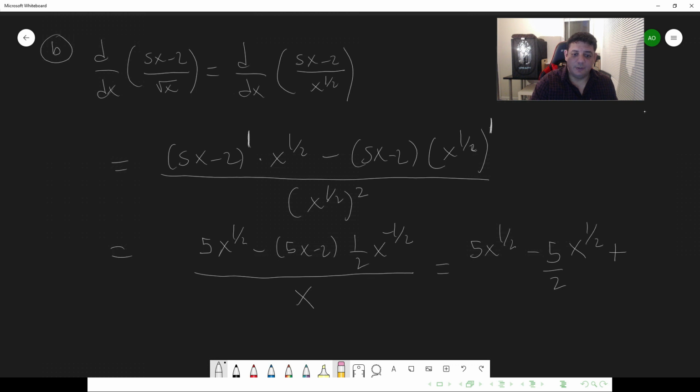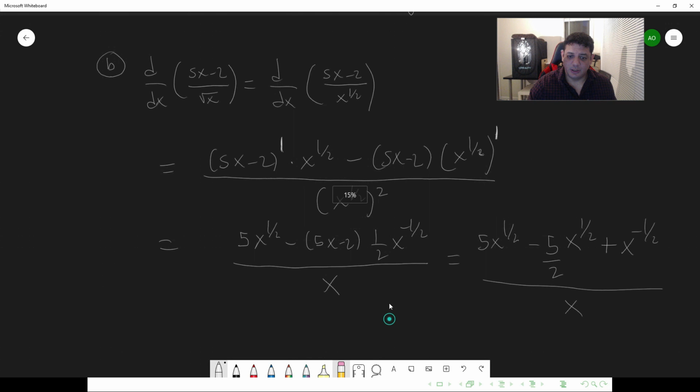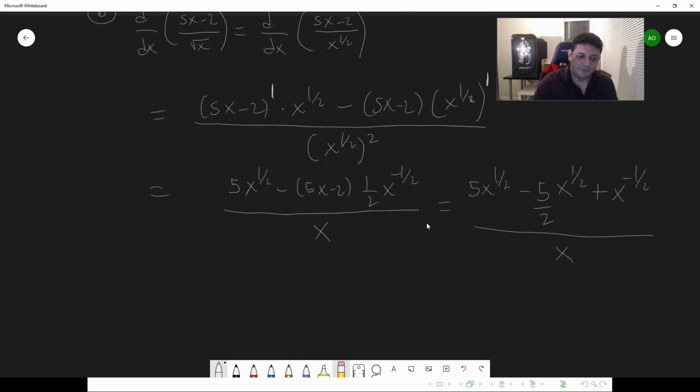And this 2 with 1/2 goes away. And so we get x to the minus 1/2 over x. Notice that you can simplify a little bit more these two terms. And you're going to get 5/2 x to the 1/2 plus x to the minus 1/2 over x. And this will be the more reduced expression that we can have.